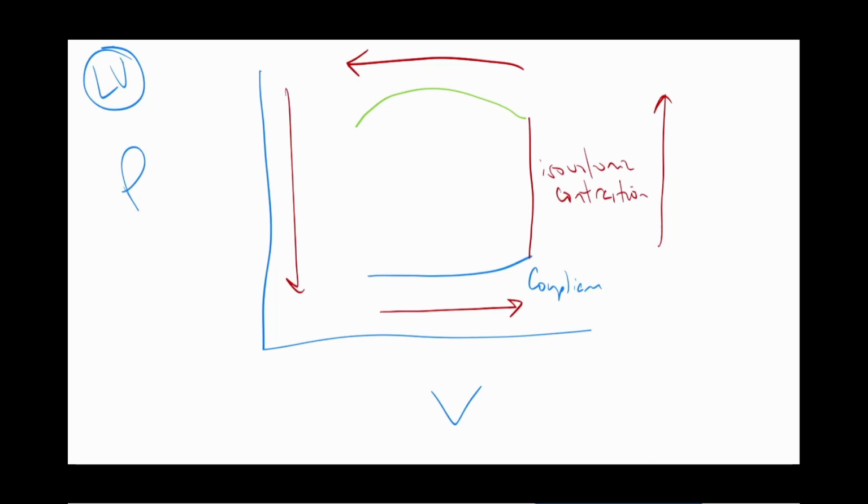What's the last thing the heart has to do before we reset back to normal? We have to relax. So what do we do with the heart? Isovolumic relaxation, right?